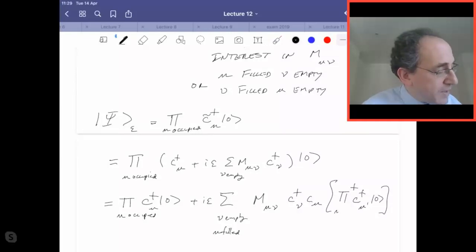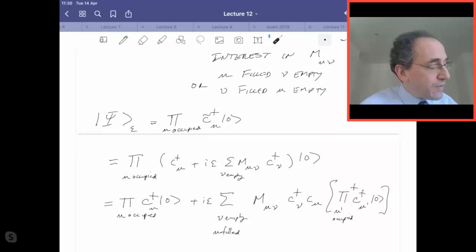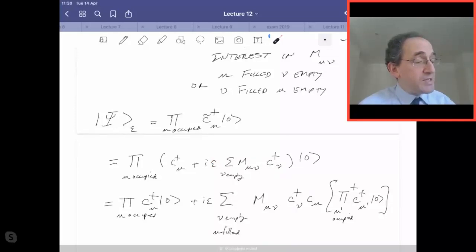I started by writing out the full wave function where you fill up all the mu primes which are occupied, and then I'm going to remove someone from below the Fermi surface and put him above the Fermi surface. Just one, because in this product I'm just going to choose one term with a factor of epsilon, which is going to put someone above the Fermi surface, but it's going to miss someone below the Fermi surface.